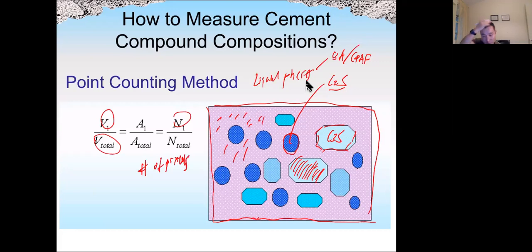We can assume the ratio of number of pixels will be similar to the area ratio, which in turn will be similar to the volume ratio. So based on that, we can estimate the percentage of different compounds. I think we discussed this method in lecture number 3 or 4 when we discussed the cement chemistry.